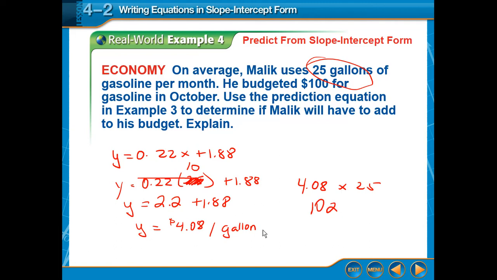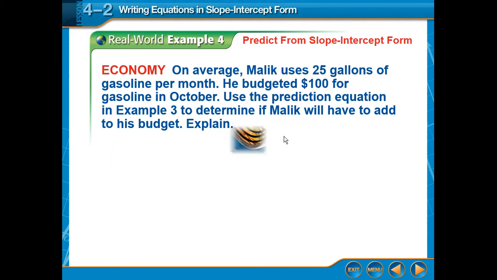So he does not have enough. He just went a little bit over. Okay, so he would have spent $102, but he budgeted for $100. Okay, that's the end of the section.